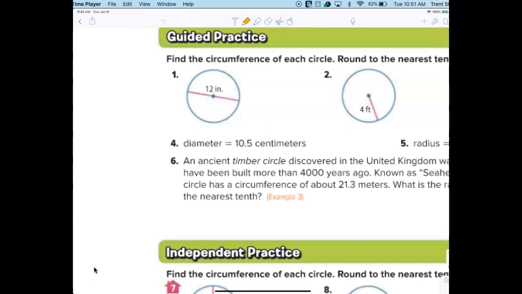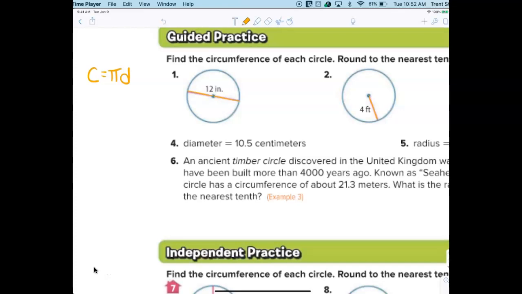So we say the circumference is equal to pi times the diameter. And what's 12 called in this case right here? 12 is the diameter. However, in question number 2, what's that called right there? The radius. All right.